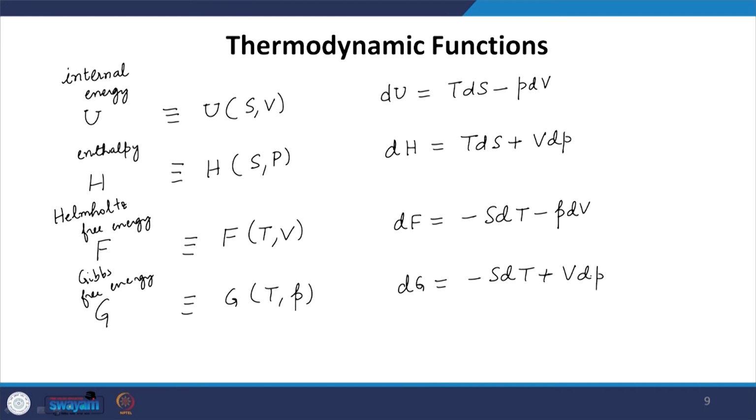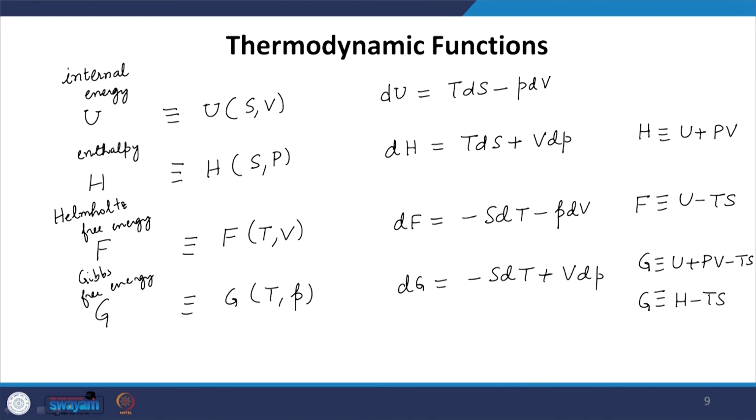We can also write H as U plus PV, we can write F as U minus TS, you can write G as U plus PV minus TS, or using the definition of enthalpy, we can write G as H minus TS.